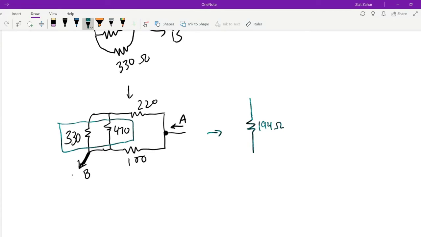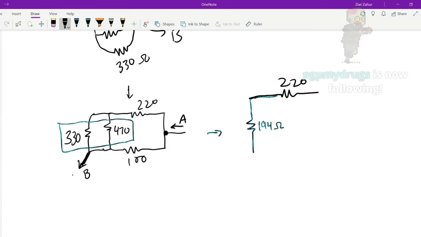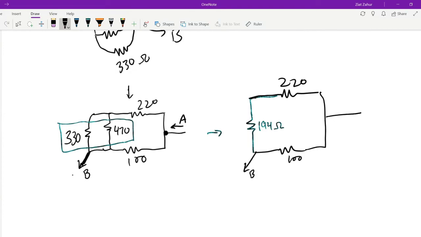Okay. Then we have the 220. All right. Then we have, again, we're coming out from here. Then we have the 100. And we're going into junction A. Now it's looking more and more like the things that we've done. Okay. Once it's parallel, the 194 and the 220 are in series, which is in parallel with the 100.